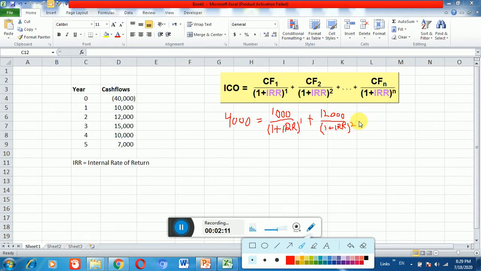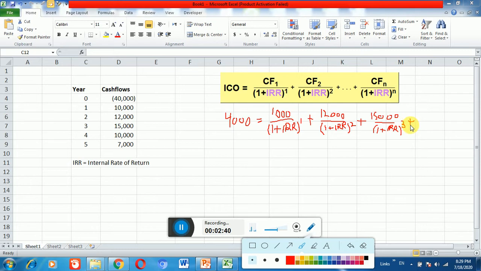Then the third value we have is 15,000 divided by 1 plus IRR raised to power 3.